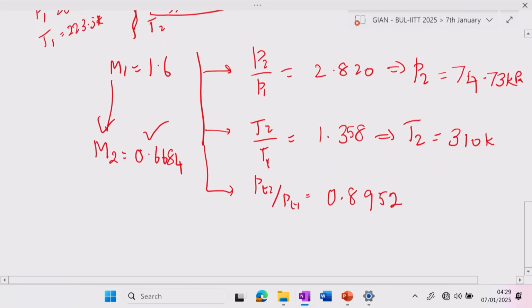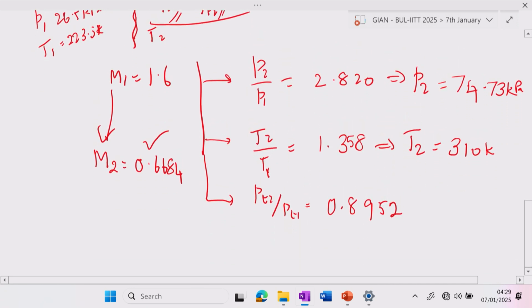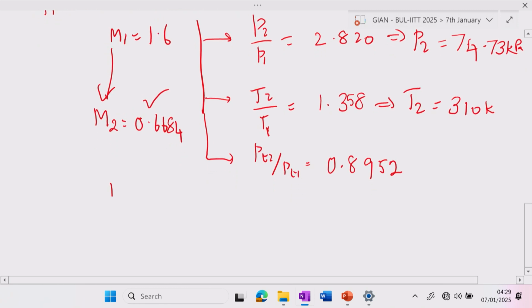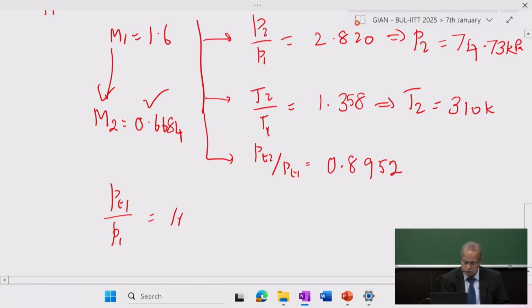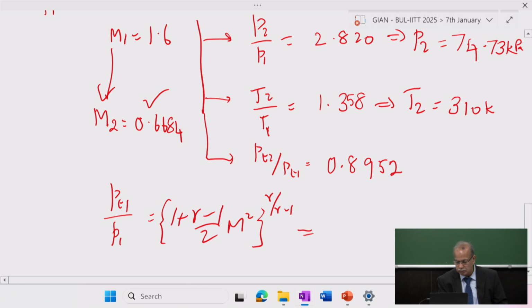Now we have only the static pressure upstream of the shock, so we can find PT1 from PT1 by P1 equal to (1 plus (gamma minus 1) by 2 M squared) to the power gamma by gamma minus 1. From this we can find PT1, and once you know the value of PT1, we can find PT2.